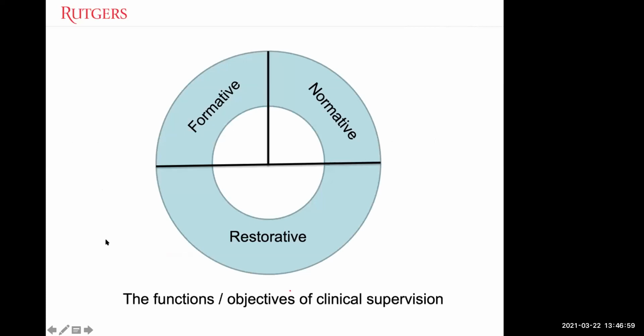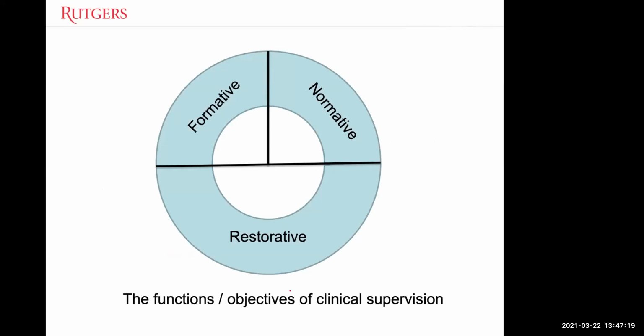So if you had asked me a couple of years ago, I might have said, yeah, these are the three elements of clinical supervision: formative, normative, restorative, or restorative, formative, normative. And I might have suggested they were all kind of equally important. I no longer believe that.